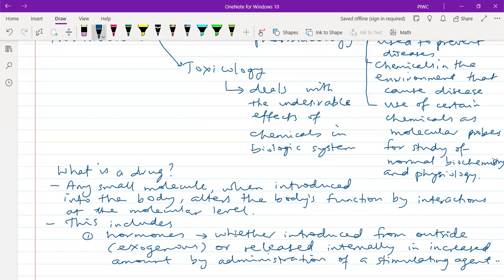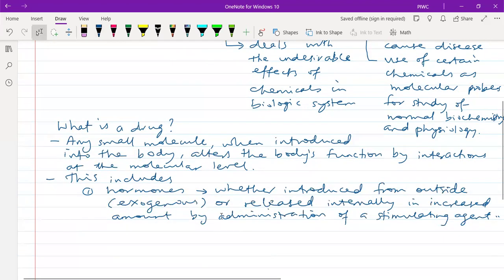Okay, so hormone is an example of a drug.